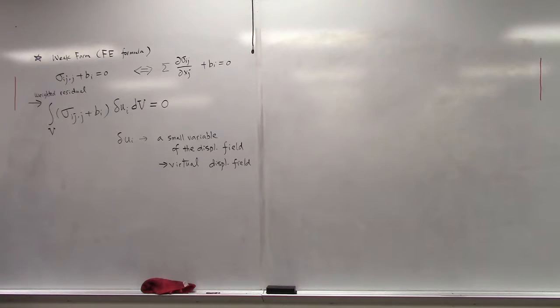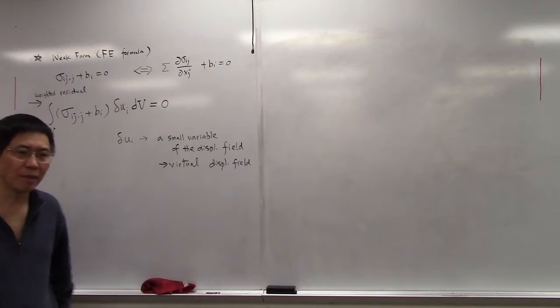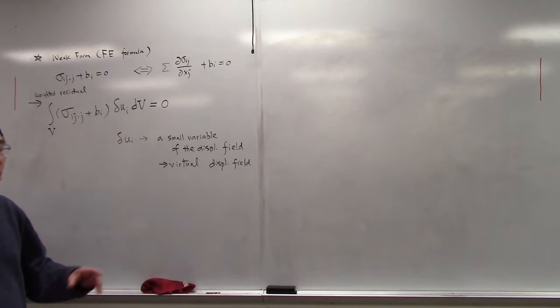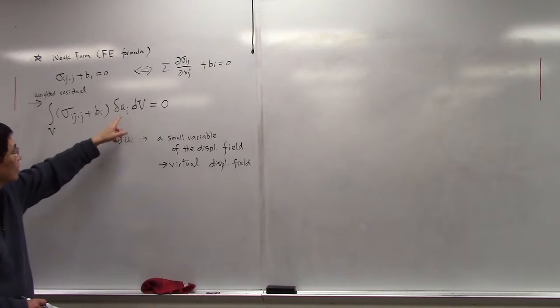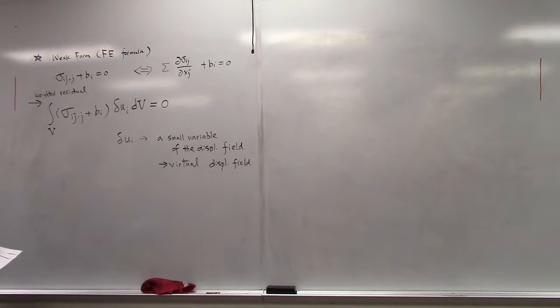So we effectively change a strong form of governing equation into a weighted residual. It's not the weak form yet. Remember, for weak form, we need to reduce the differentiation on this part and increase the differentiation on the weighting function. So that's what we are going to do next.